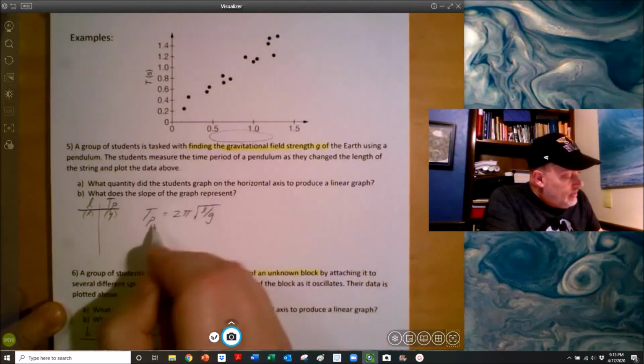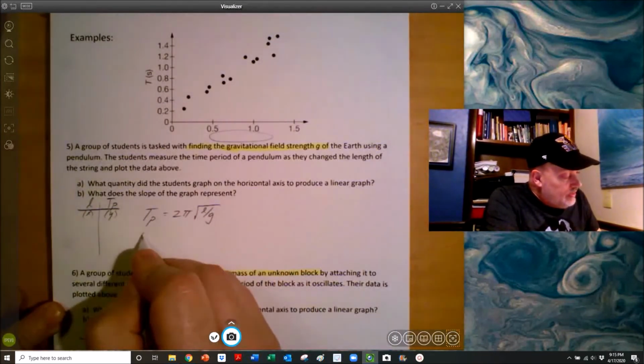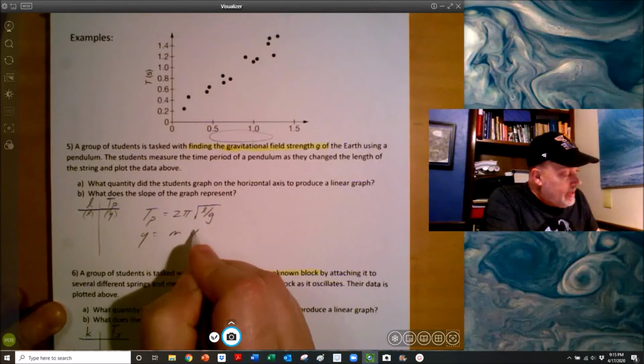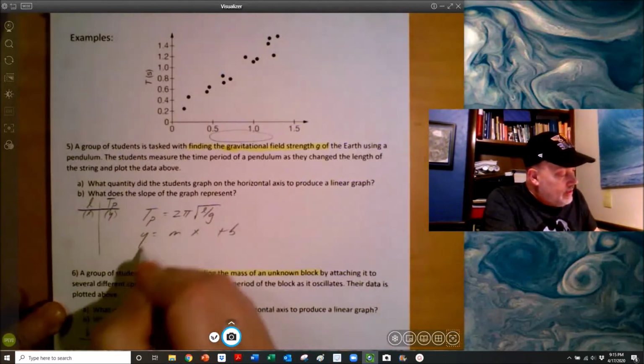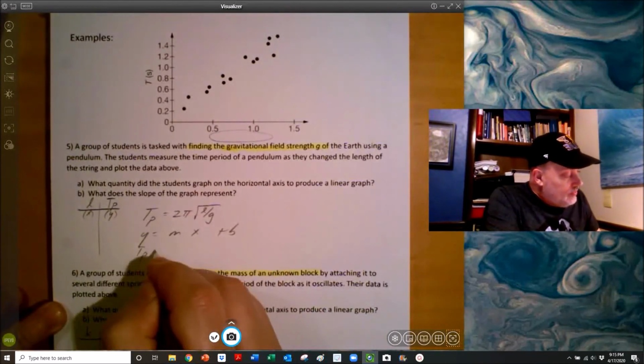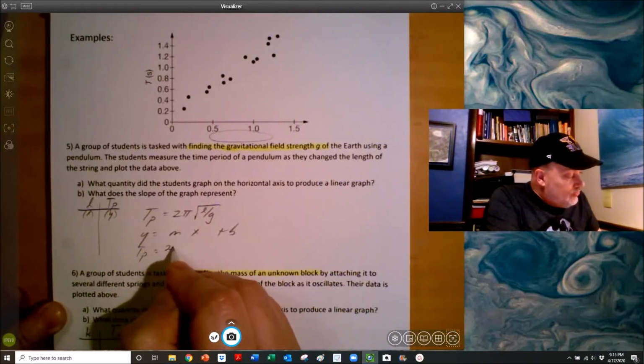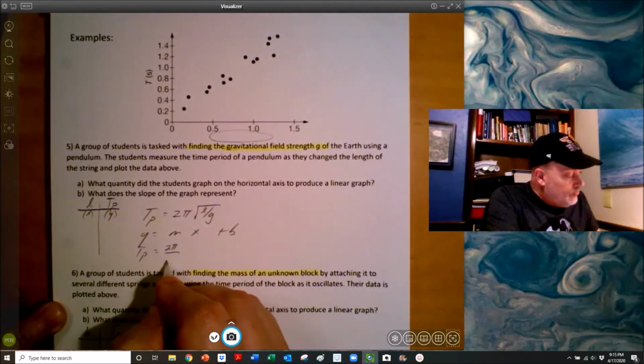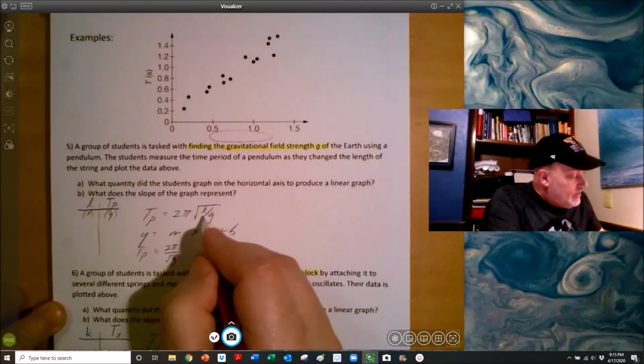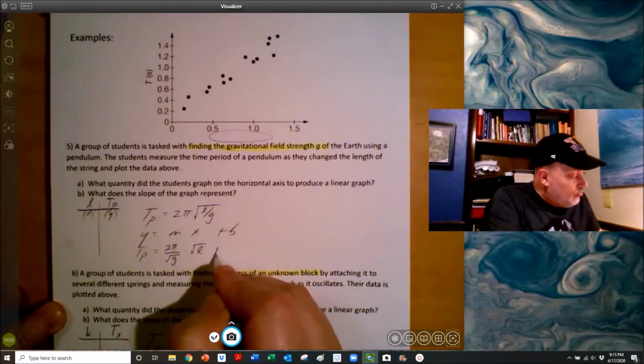Well, let's see. Here's our equation. Let's put it in y equals mx plus b format. So time period equals 2 pi over the square root of g, times the square root of L, plus 0.